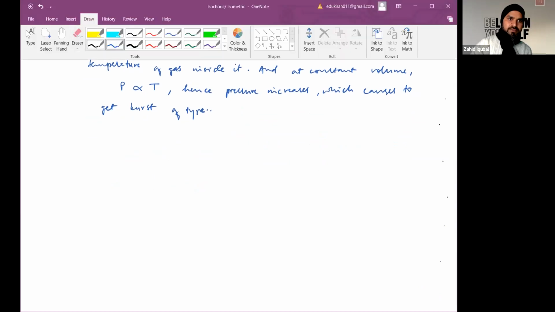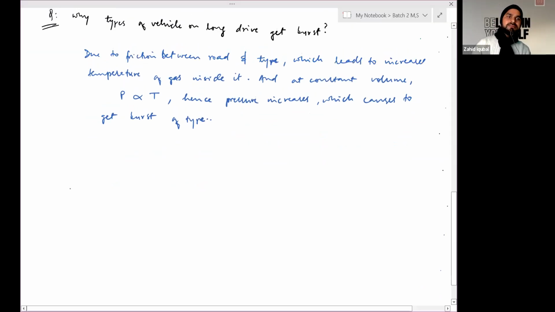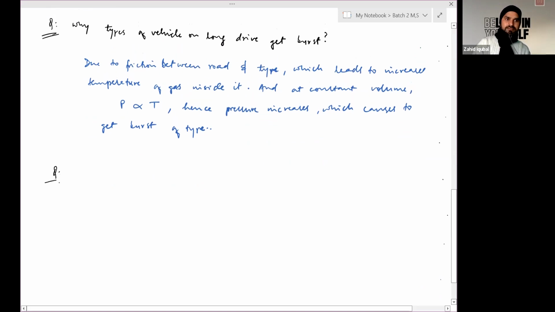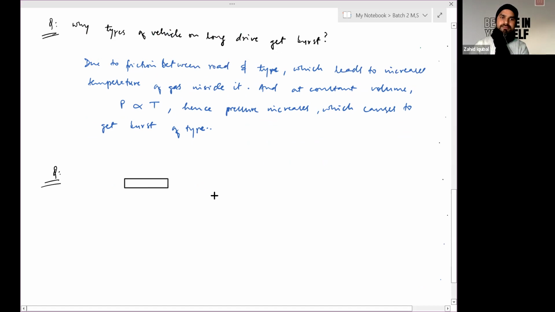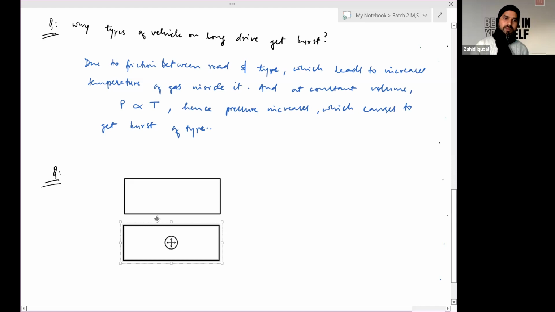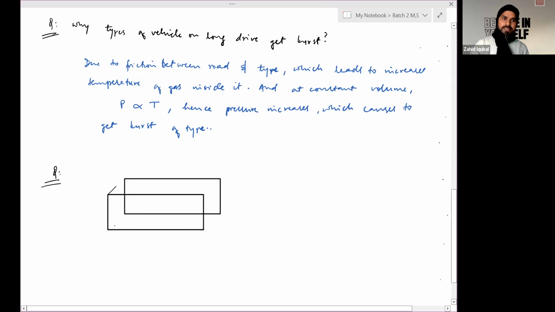Let me define another physical phenomenon. Suppose we take any ice block placed over any support.